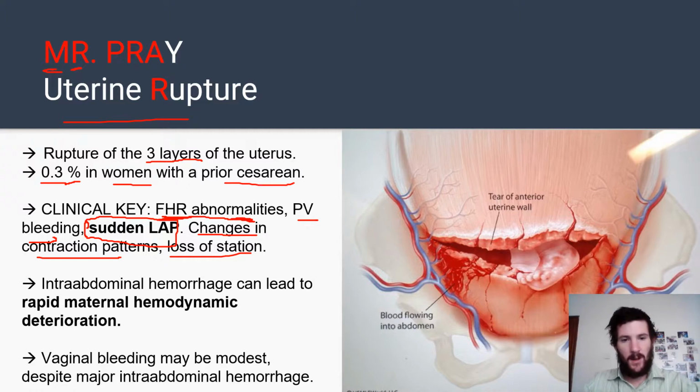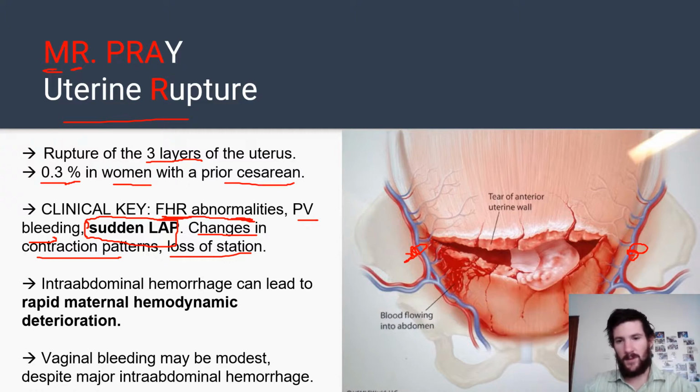The intra-abdominal hemorrhage can lead to a rapid maternal hemodynamic deterioration. Why? Because here we have the uterine arteries that are very important arteries in a gravid uterus. When the uterus has a fetus, these arteries become very big, and can supply between 10 and 20% of all the cardiac output.